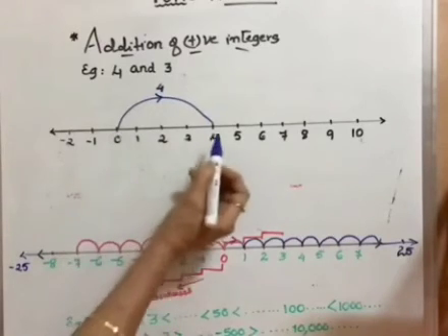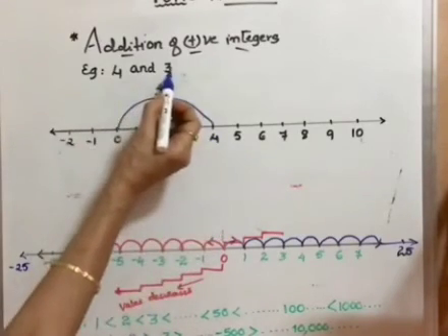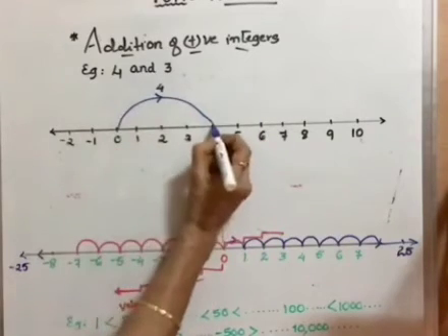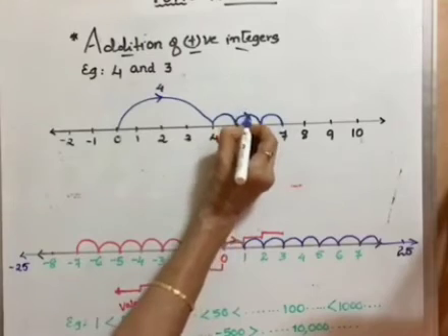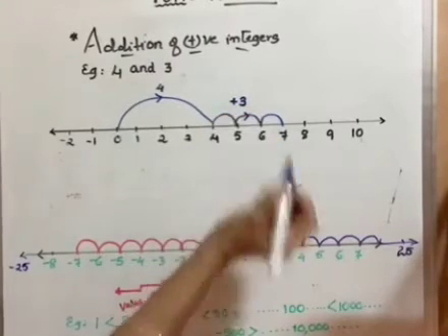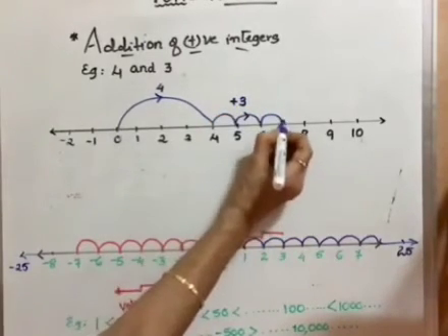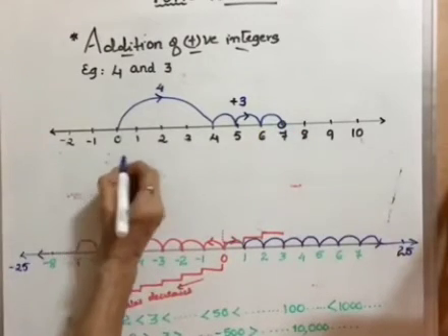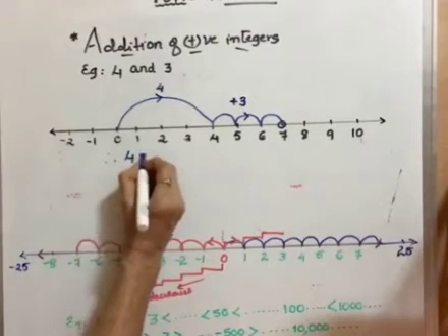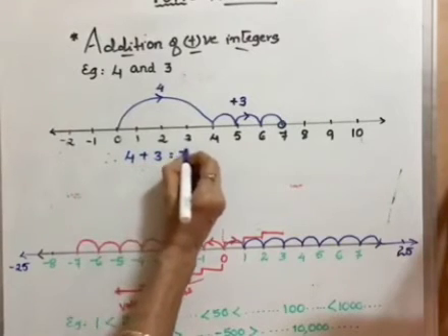Now, where are you? You are at 4. Now, you add 3, another positive number. So, 1, 2, 3. Here I can write plus 3. Where did you land? You are at 7. So, how do we write? 4 plus 3 is 7.